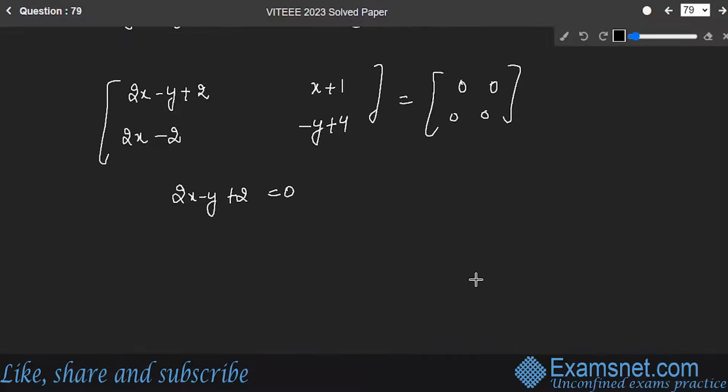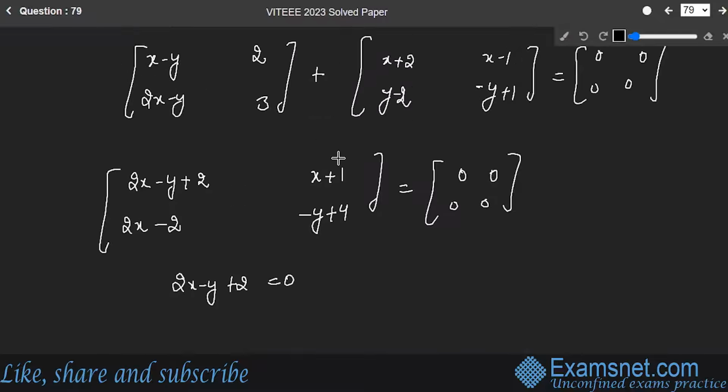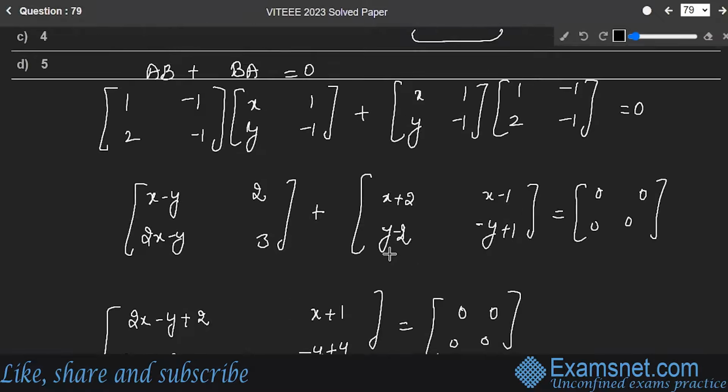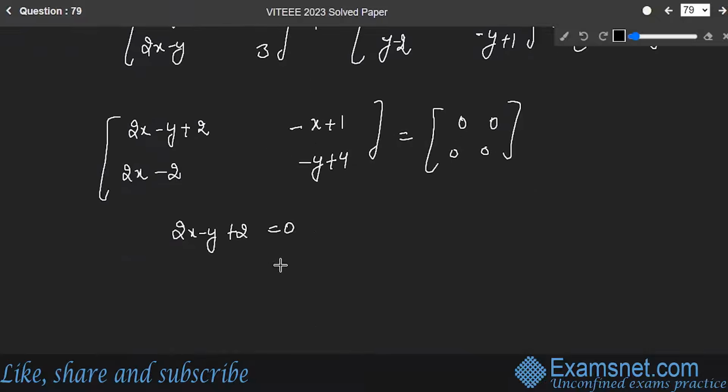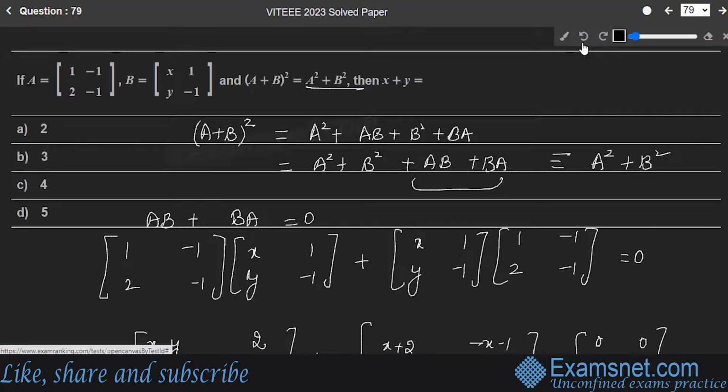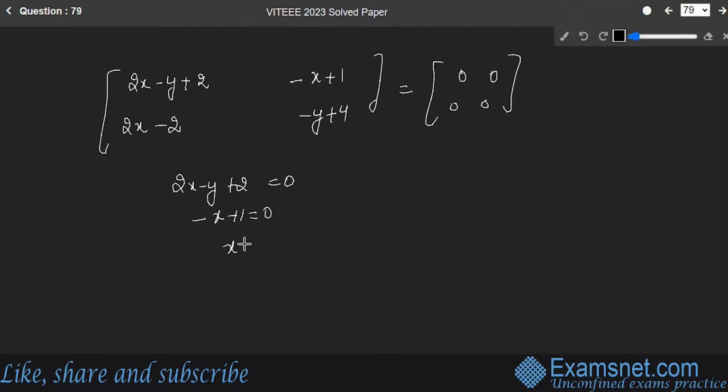And you have, sorry, this is minus x over here. Okay, and this is minus x. So you have minus x plus 1 is equal to 0, which gives you minus x is equal to 1. This gives you x is equal to 1.